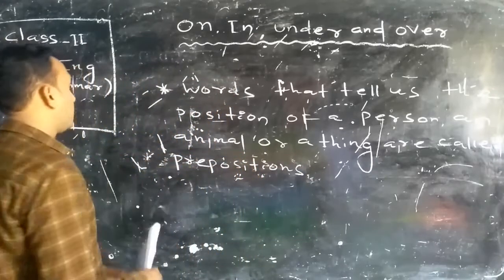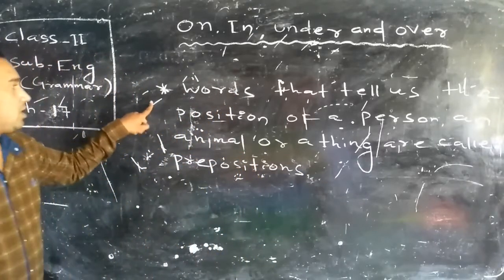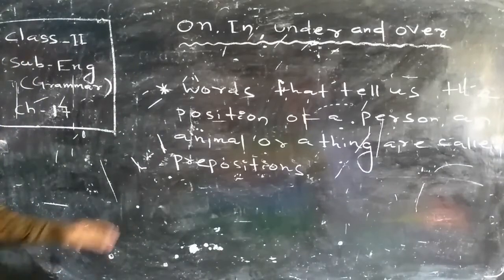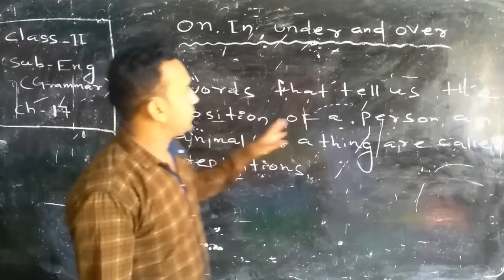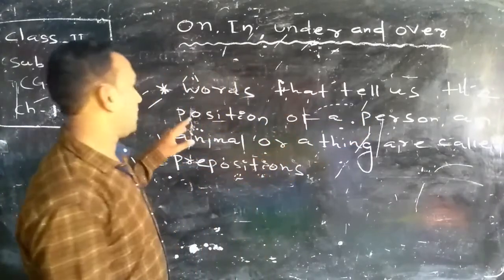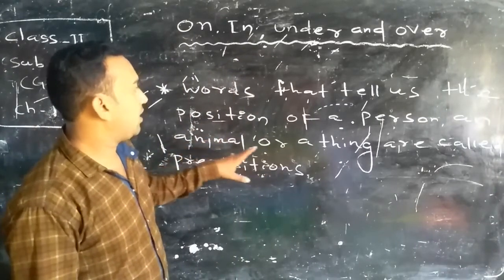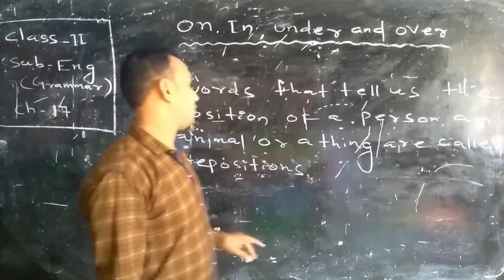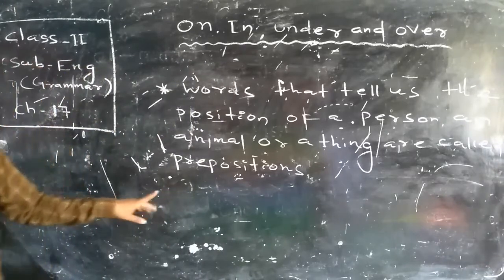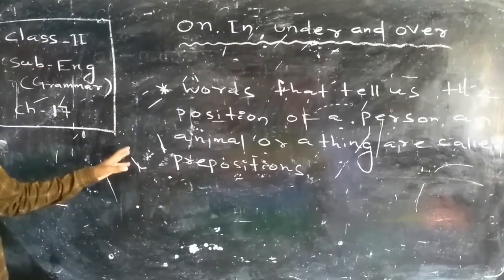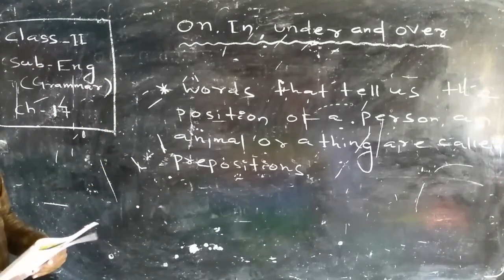Okay. So dear students, words that tell us the position of a person. किसी का पोजीशन दर्शाता होगा, एक व्यक्ति का, एक जानवर का या कोई चीज का. So that's called preposition. Okay. So note it in your copy. Okay. You have to do the next question answer.